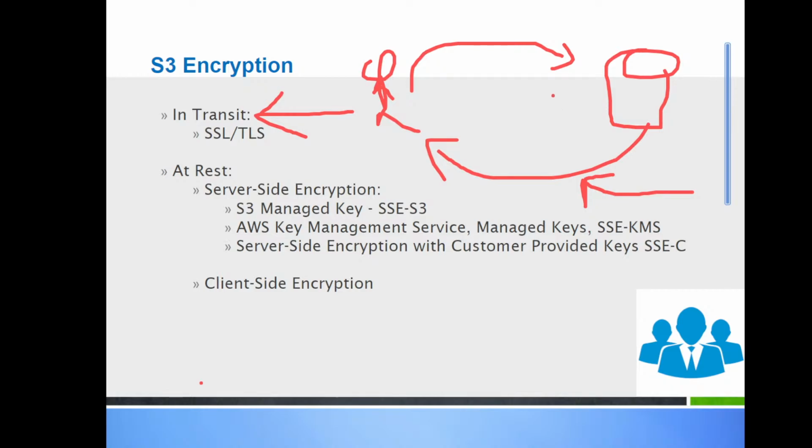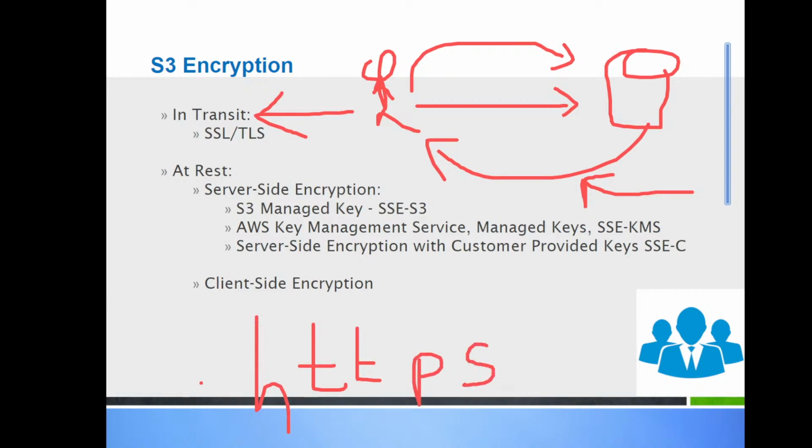So if you are interacting with AWS, I told you it works on the HTTP protocol. Amazon has upgraded to the HTTPS protocol, secure. So any communication you are doing in Amazon cloud is secured using the HTTPS protocol. You are communicating using HTTPS and it is highly secure by default.